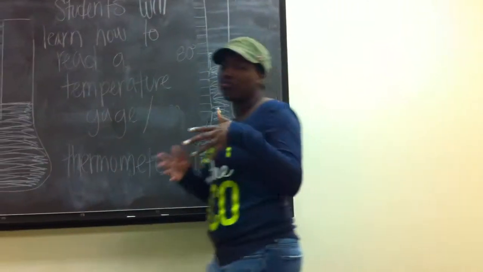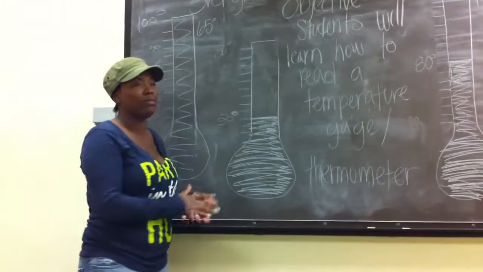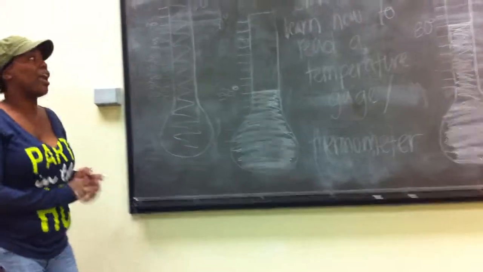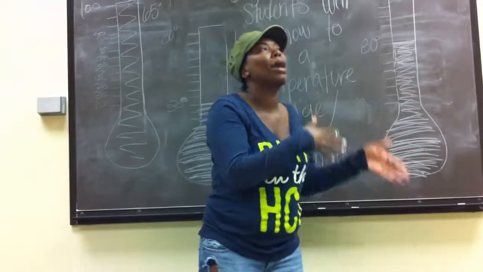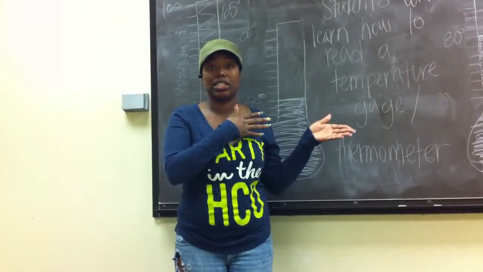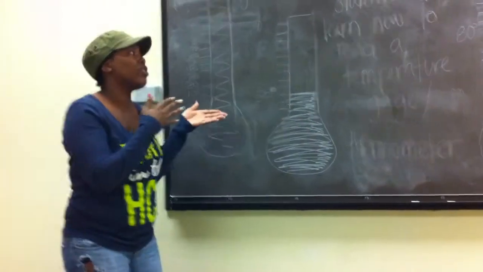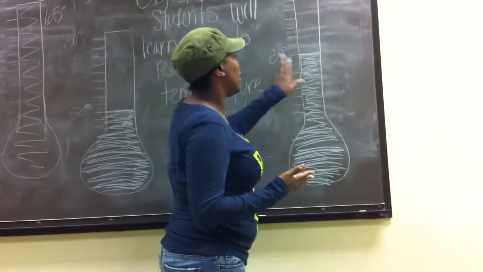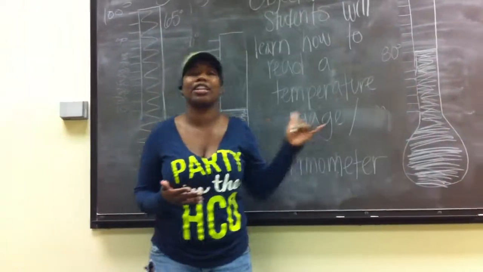So today, what did you learn? Let's go over some things that you learned today about thermometers. What is one thing that you learned about thermometers? A thermometer tells if it's hot or cold. Yes, but it not only tells if it's hot or cold, it also does what? Determines degrees. Yes, it determines the degrees. So now if you see a thermometer that's all the way to the 80 mark, you know it must be 80 degrees.